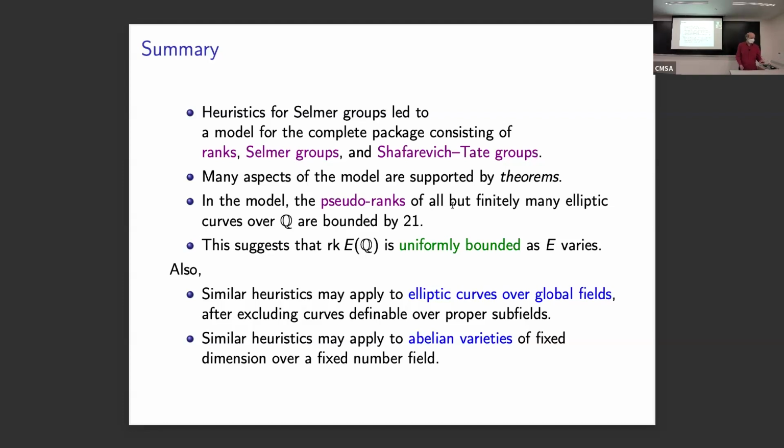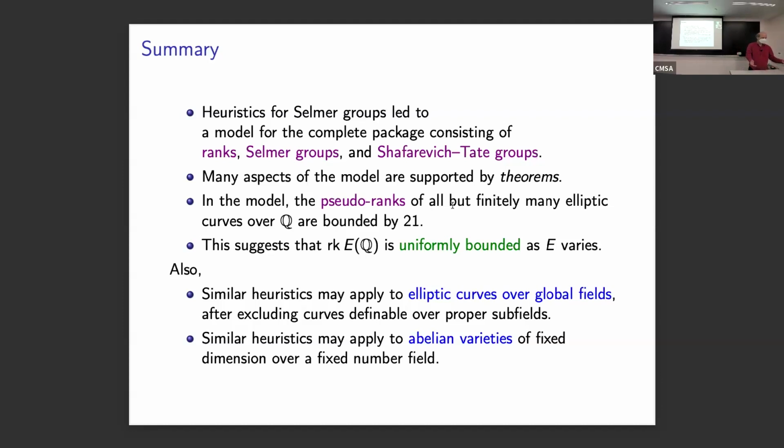In those cases, the model doesn't fit as perfectly, but you can get good predictions again. At least it seems that there might be some boundedness statements if you exclude elliptic curves that have additional structure, like elliptic curves over Q adjoin i that really came from an equation defined over Q. If you exclude those, then it seems to work.